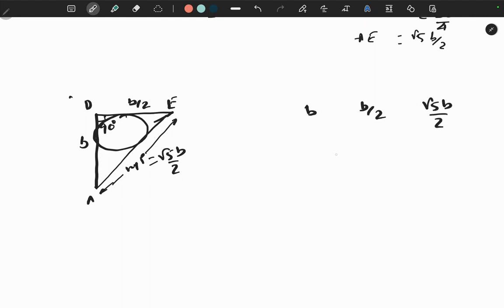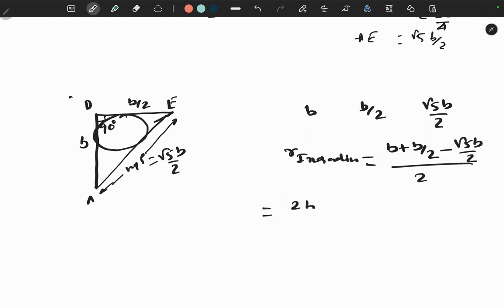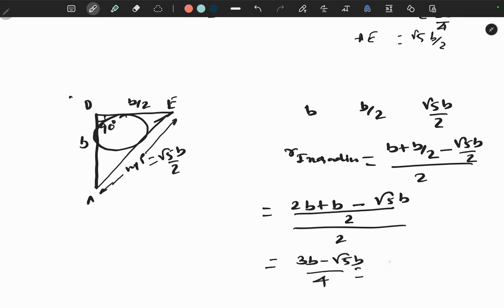And I know that the inradius of this circle will be the sum of the perpendicular and base, b plus b by 2, minus the hypotenuse, divided by 2. So just solve this: (2b plus b minus root 5 b) divided by 2, and again divided by 2. This gives me (3b minus root 5 b) divided by 4. If I take b common, it is b times (3 minus root 5) by 4.